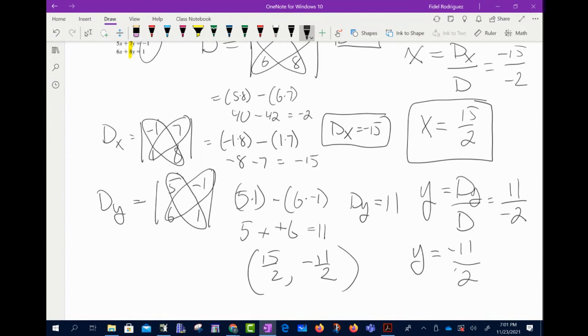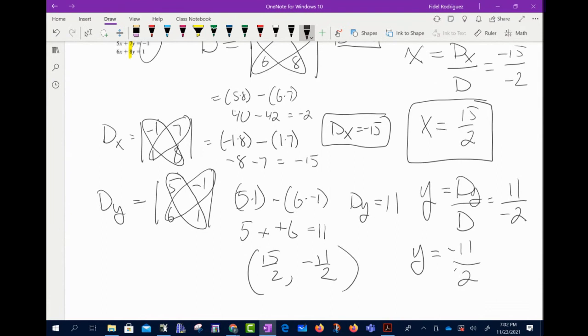So again, I know it's a lot of steps to do this thing. One of the advantages of doing Cramer's rule, like in this case, y'all, if I were going to draw these two lines, right, and say, where do they meet? They don't meet at a pretty point like 3, -1, or 5, 2.